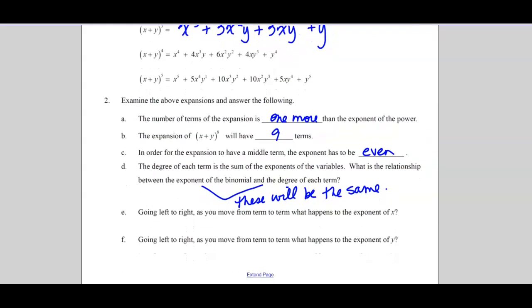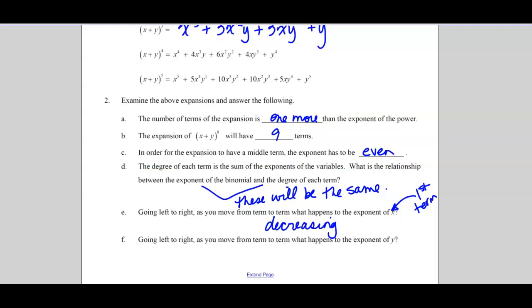Okay, so going from left to right, as you move from term to term, what happens to the exponent of x? It's 5 there, 4, 3, 2, 1, 0. So it's decreasing. And x is the first term in the binomial, right? If x was the second term in the binomial, then it would be the opposite.